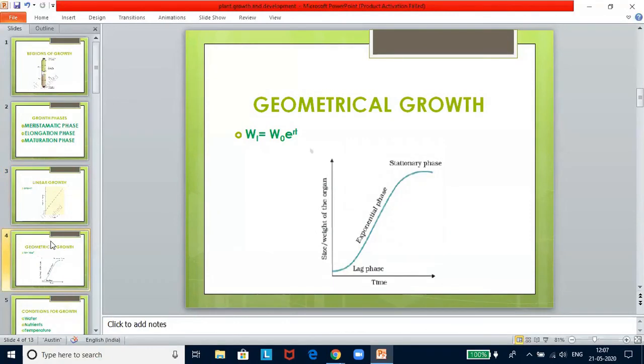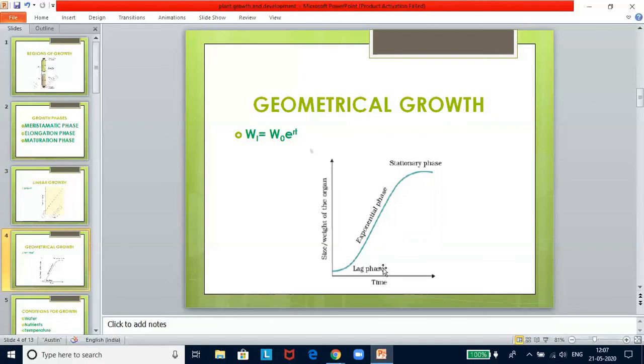Here both the progeny cells following mitosis retain the ability to divide and continue to do so. However, with limited nutrient supply, the growth slows and leads to a stationary phase. A sigmoid curve is obtained in this pattern, and this is the pattern which is generally seen. So the initial phase is the lag phase, the middle phase where it shoots up is the exponential phase, and later on it again staggers, and this is the stationary phase.